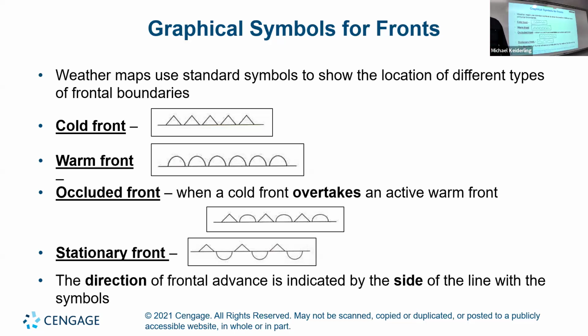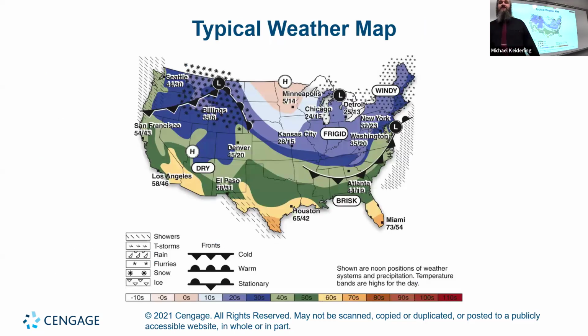And the direction of the front's advance is indicated by the side of the line with the symbols. So all of these symbols here, those fronts will be moving up. So here's a typical weather map. Here we have a cold front moving this way, a warm front moving this way.